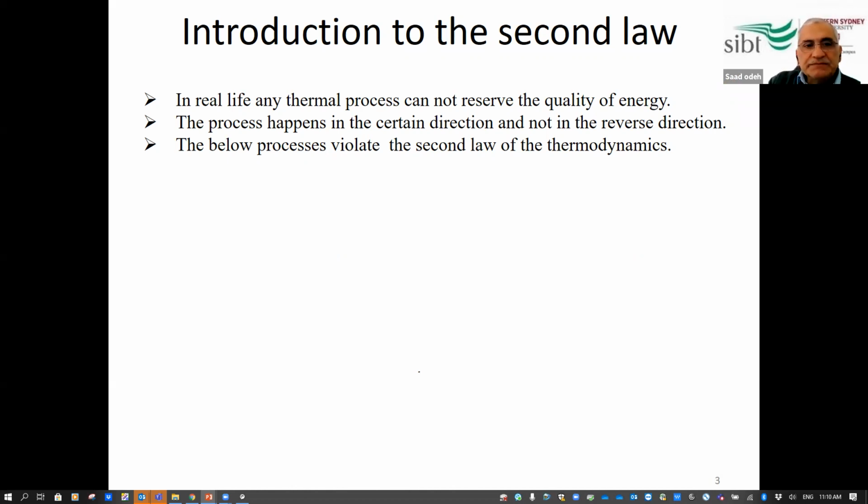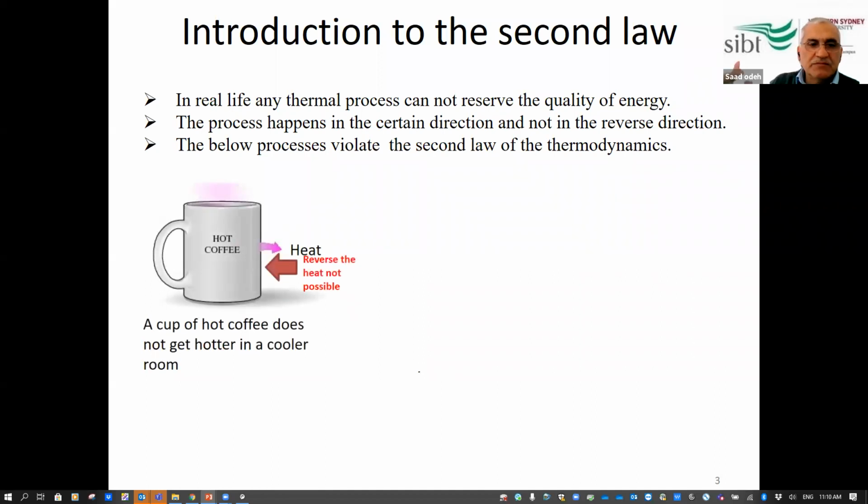So for example, if I have a hot coffee mug and I put it on the table, after a while there will be heat transfer from the hot coffee to the surroundings, because the surroundings are at a lower temperature, and therefore the heat will be transferred from the mug to the surrounding air.